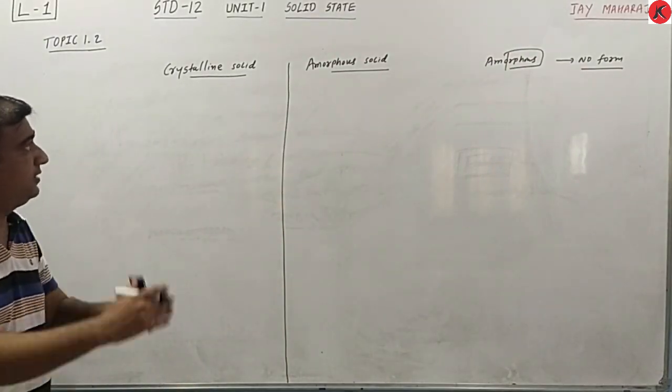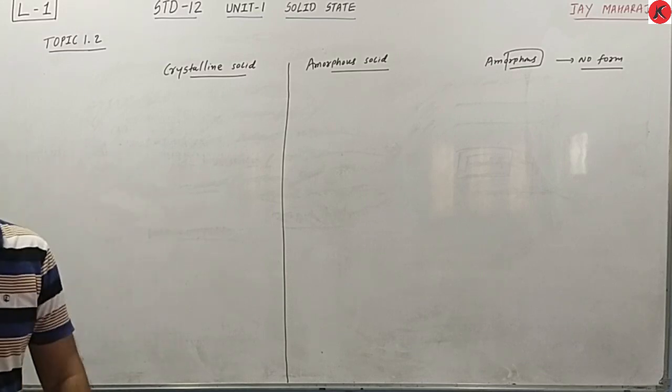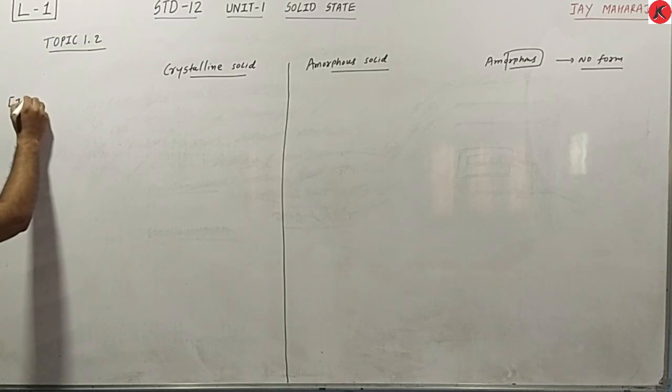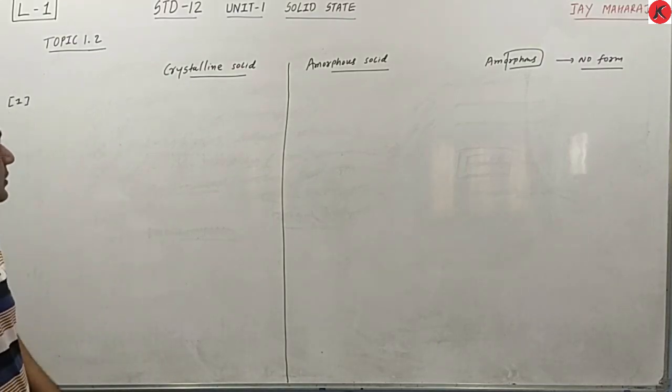So what is the definition of crystalline solid and amorphous solid? The first point is based on structure.